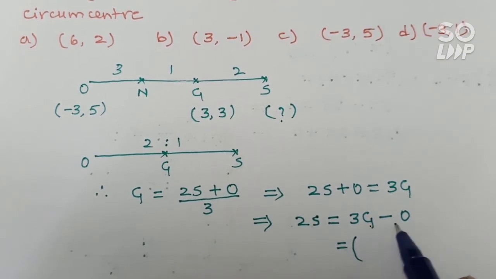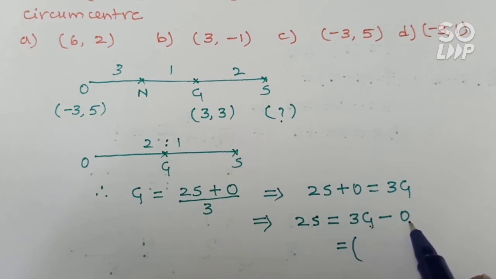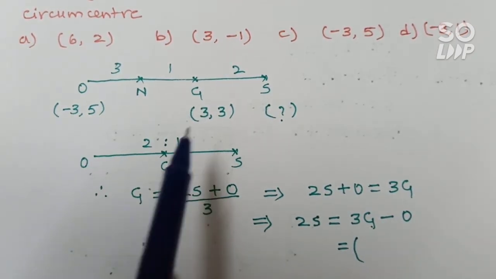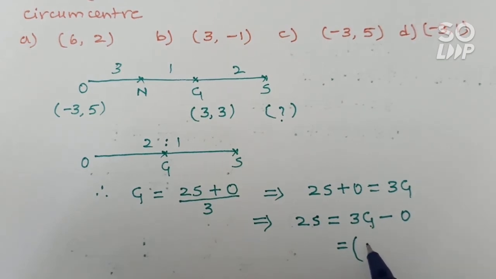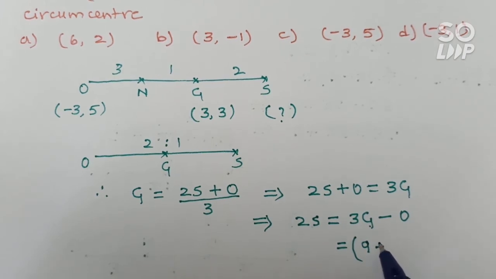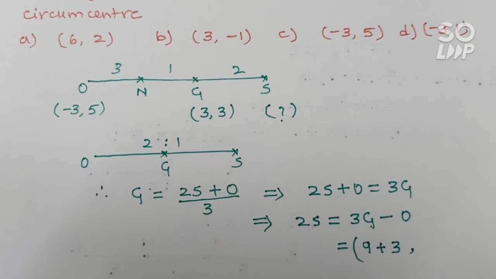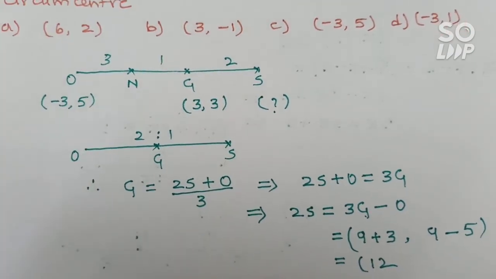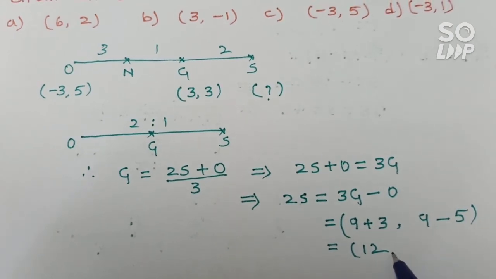Now first find the 2S values. Take the x coordinates of the centroid and orthocenter. The centroid x coordinate is 3, so 3 into 3 is 9, minus the orthocenter x coordinate -3, minus into minus is plus 3, which gives 12. Comma. Next take the y coordinates: 3 into 3 is 9, minus 5 is 4.